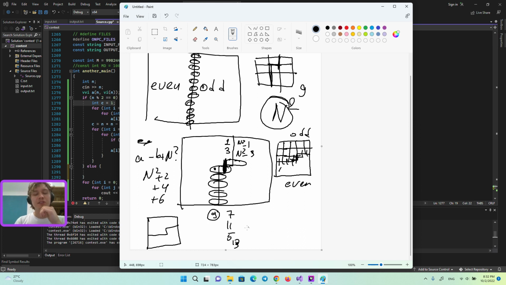So 9 is not a good number because it has two pairs of twin primes near it. So maybe 15. Okay, so 9, and here we have, no, I mean, we have 6 here. So we cannot use 9, we can use 8.